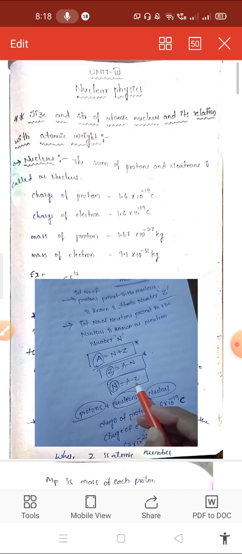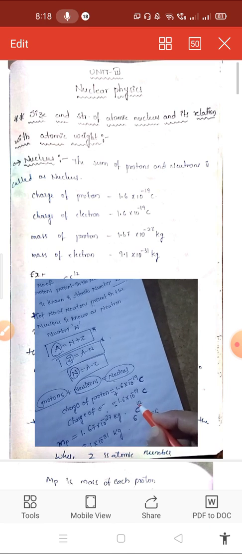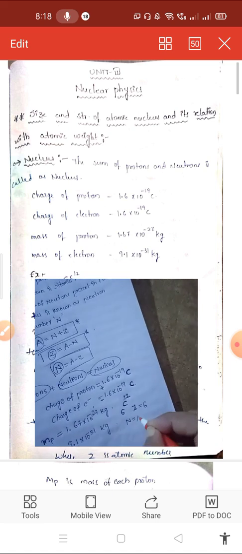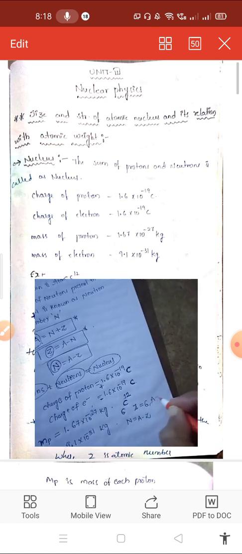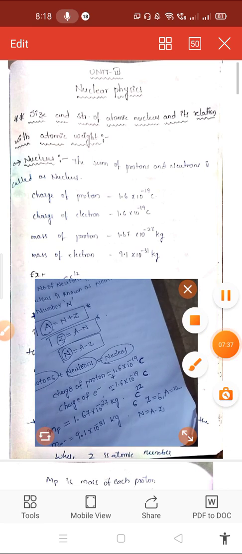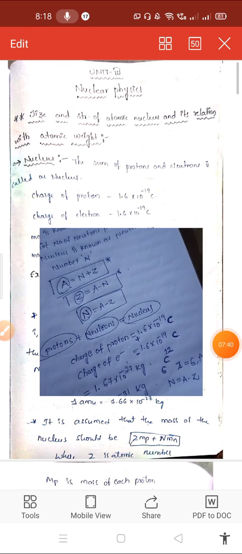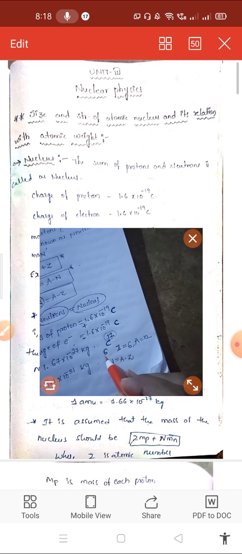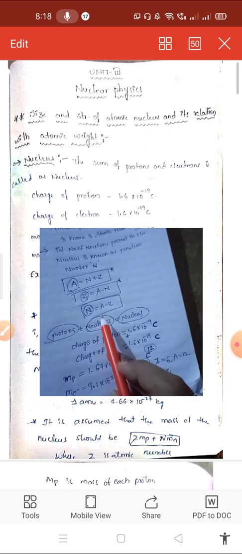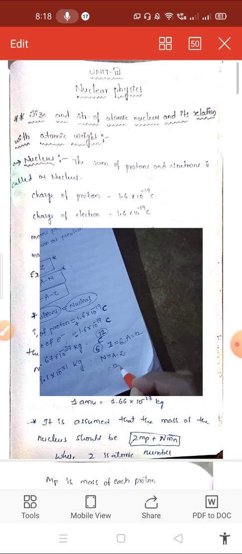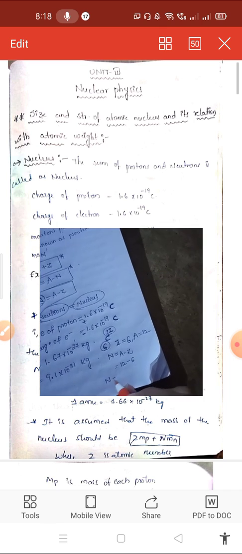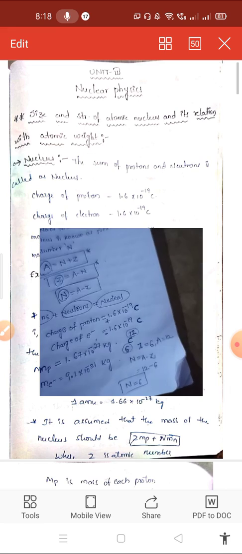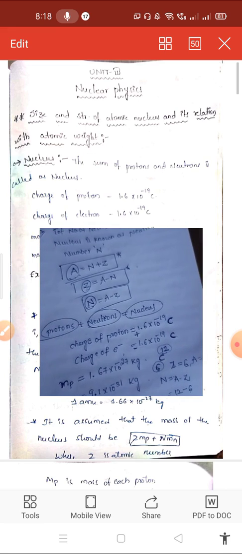Neutron number is A minus Z. The total nucleus consists of 12, that is why I am writing neutron number N is equal to A minus Z. Here A is equal to 12 and Z is equal to 6. So N is A minus Z, 12 minus 6. The neutron number is 6. Like this you have to calculate the proton number and neutron number. This is one example of the carbon atom.